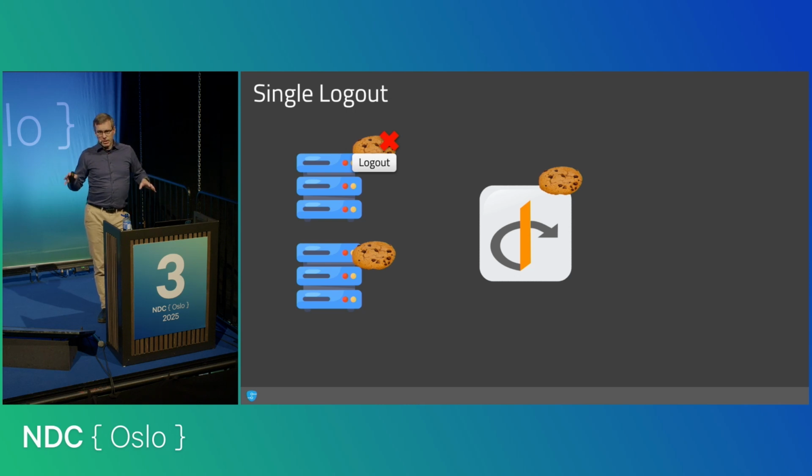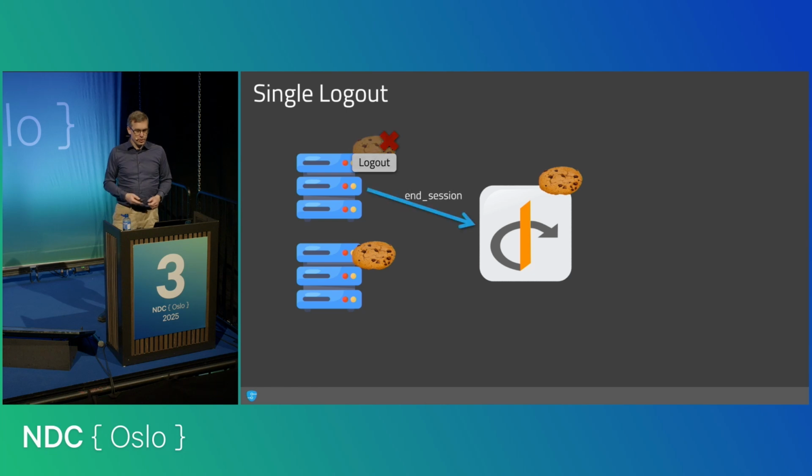I need to somehow make the browser make a request to the OpenID Provider so that the OpenID Provider can issue a set cookie header that removes the cookie. We do that through a redirect to the end session endpoint on the OpenID Provider. Now the OpenID Provider can go ahead and remove its cookie.